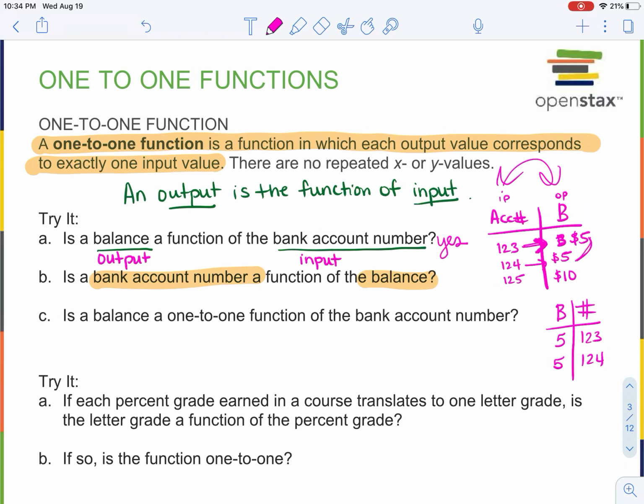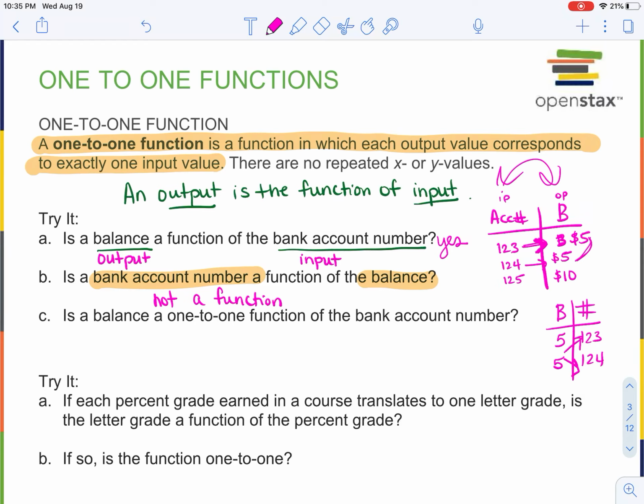I said they both had $5 in them. So in this case, 5 corresponds to two different outputs, two different account numbers. Because several bank account numbers may have the same balance, this means that this is not a function.